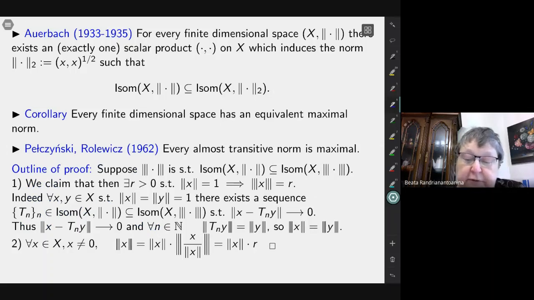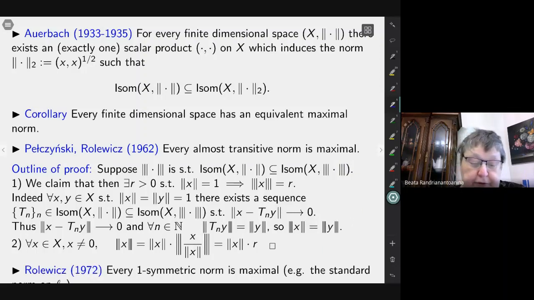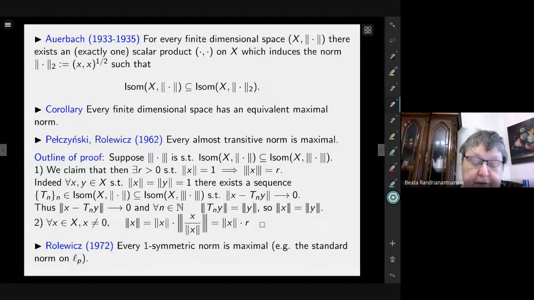I do not have time to go over this. I didn't plan to really even go over this. I just wanted to show this is a very easy and quick exercise. This is the entire proof, I'm not going to show it. Rolewicz also proved that every symmetric norm is maximal.